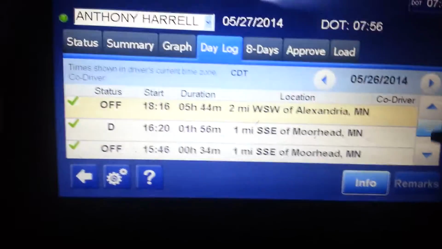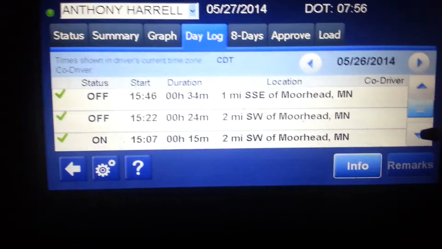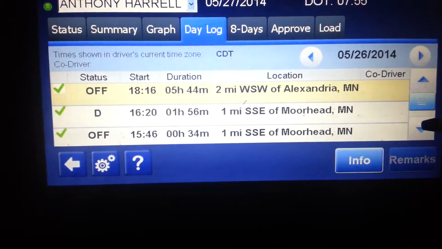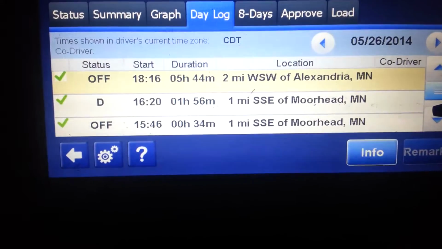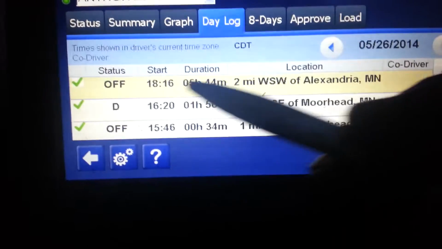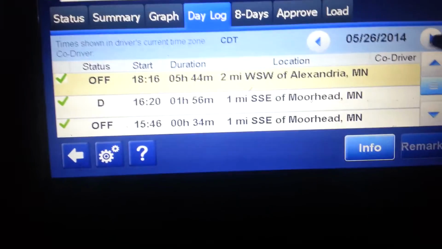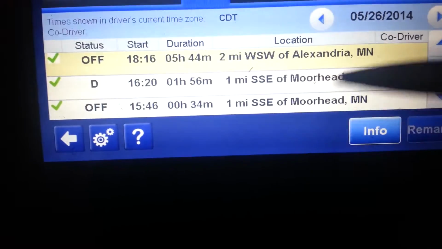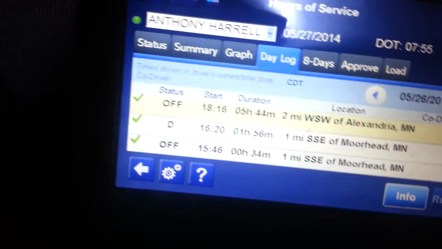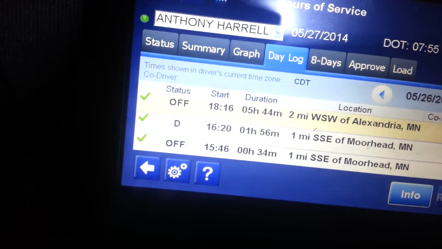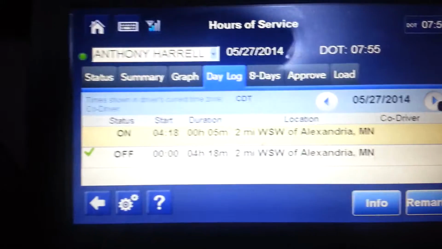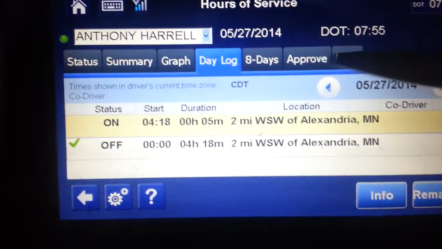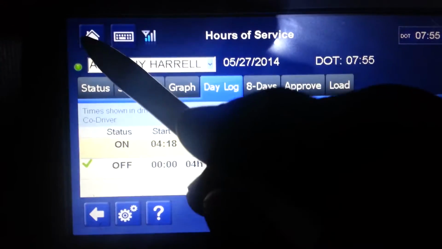And the spots that I stopped at. I was off duty, and you can see it, like off duty here, Alexandria, Minnesota, for duration. And there you go. And that's how that works.